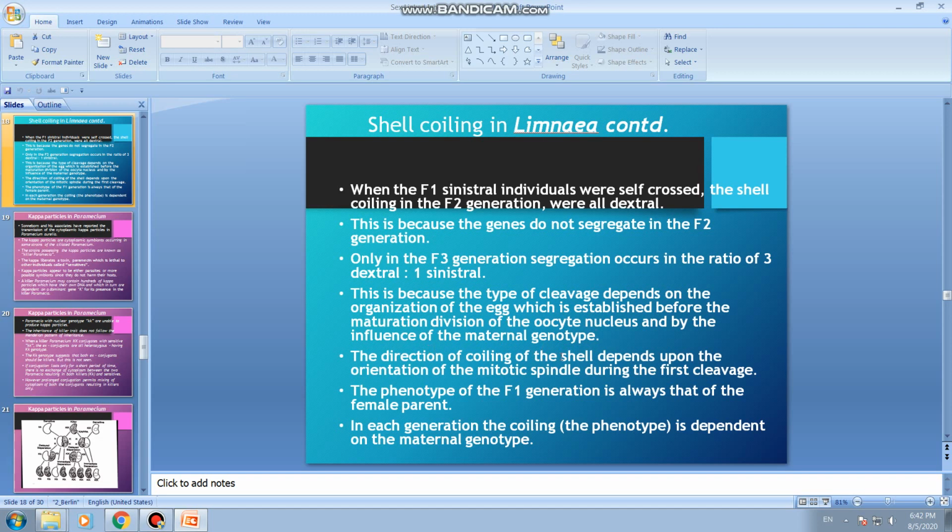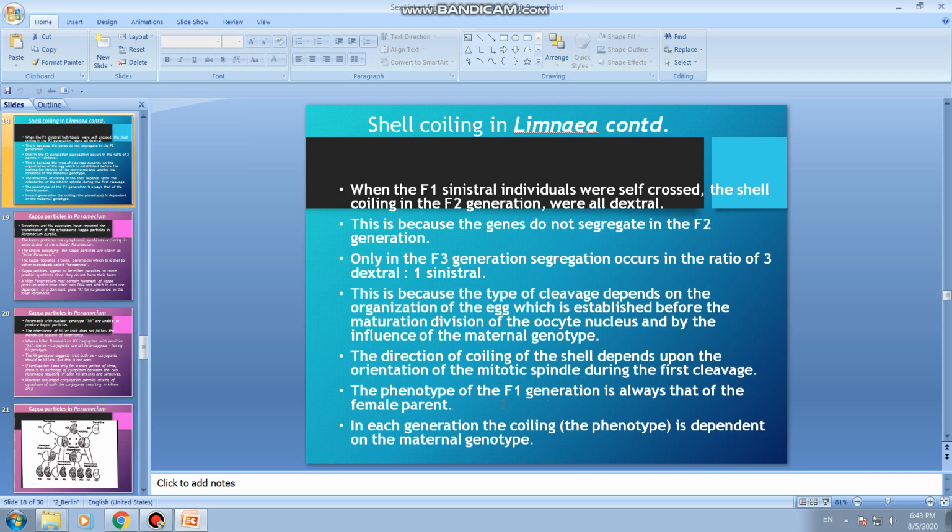The direction of coiling of the shell depends upon the orientation of the mitotic spindle during the first cleavage. During mitosis, spindle formation occurs, as you must have learnt about cell division. So it depends on the orientation of the mitotic spindle that occurs during the first cleavage.